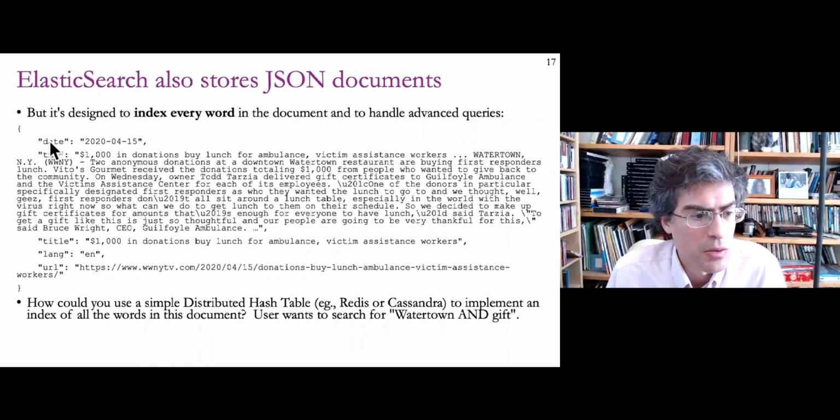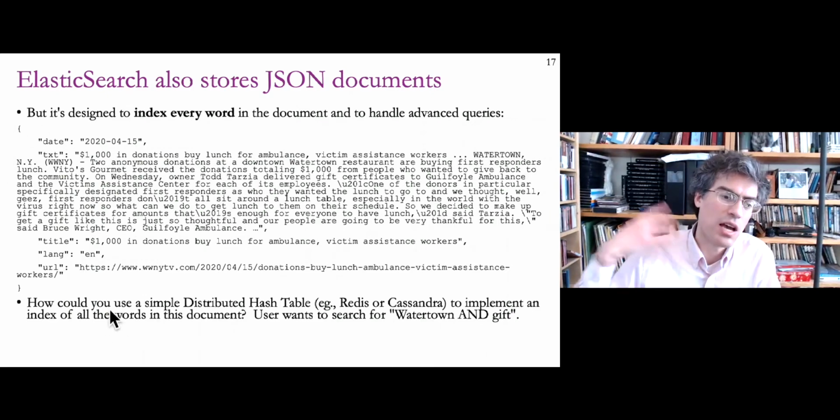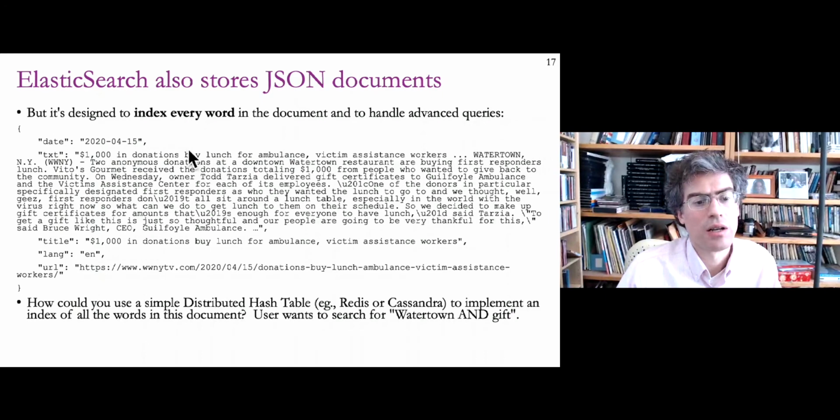There's no key for Tarsia, but I can still find this entry quickly, because when you insert this data, Elasticsearch breaks it up into words and indexes this document underneath each one of them. So actually, it does use hash-based partitioning, but it does it on the individual words in the document.